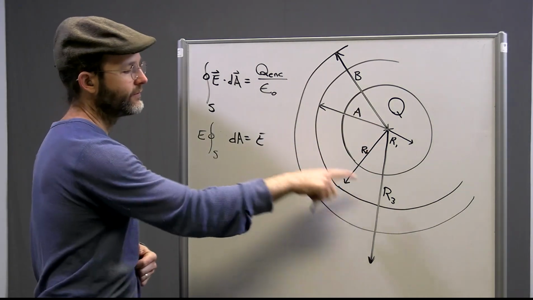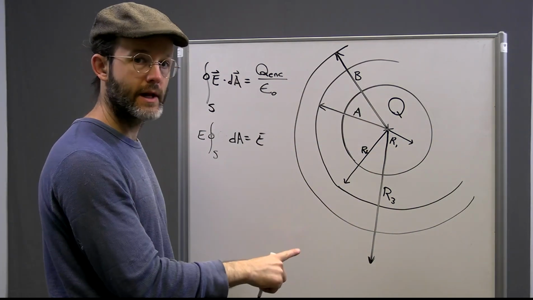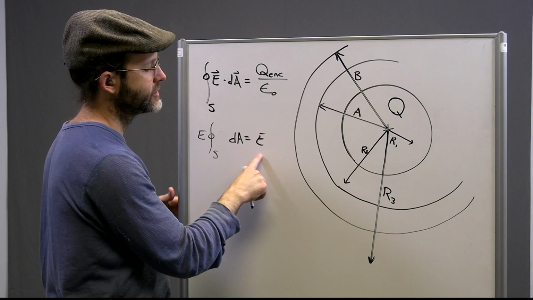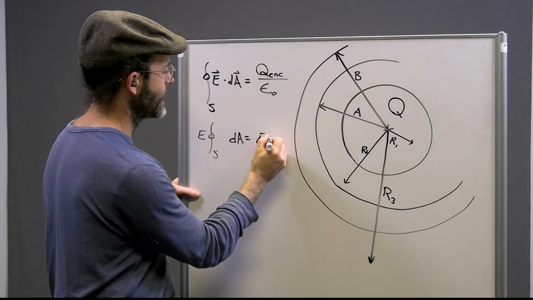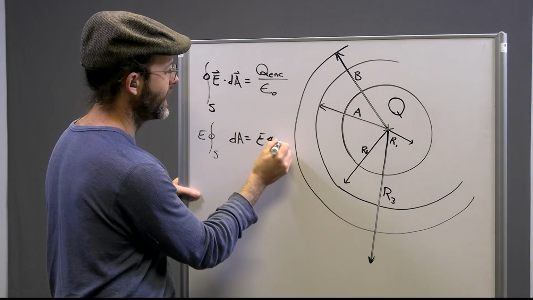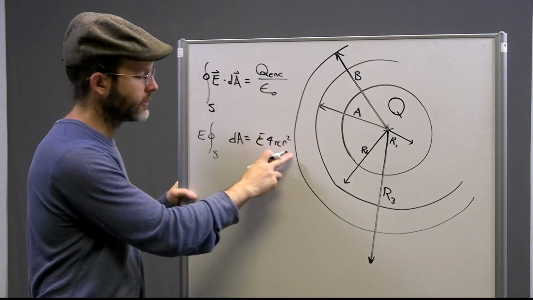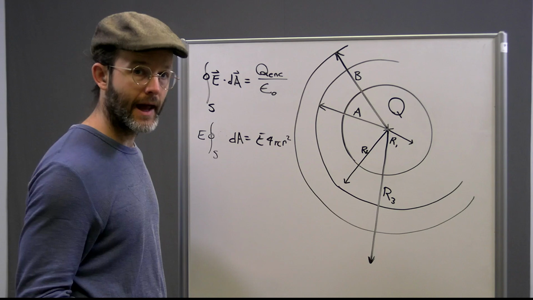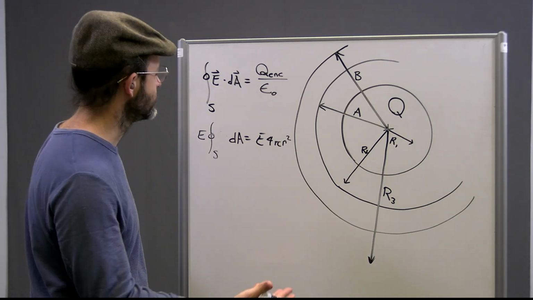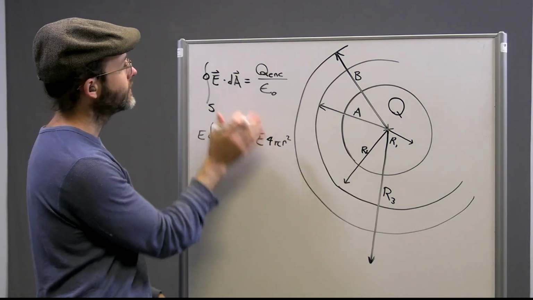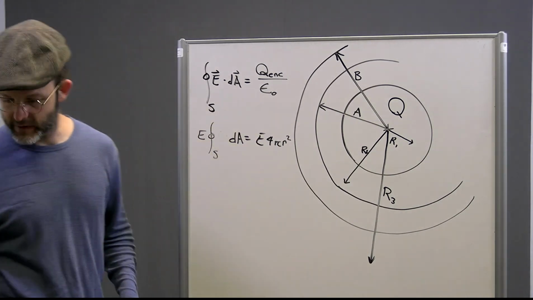Now, we're going to evaluate at 3 different radii. So I'm going to write this generically as 4 pi r squared. So this is our generic surface area where r can be evaluated at any particular radius that we choose. Okay, good. So we've evaluated then the left-hand side of this equation.